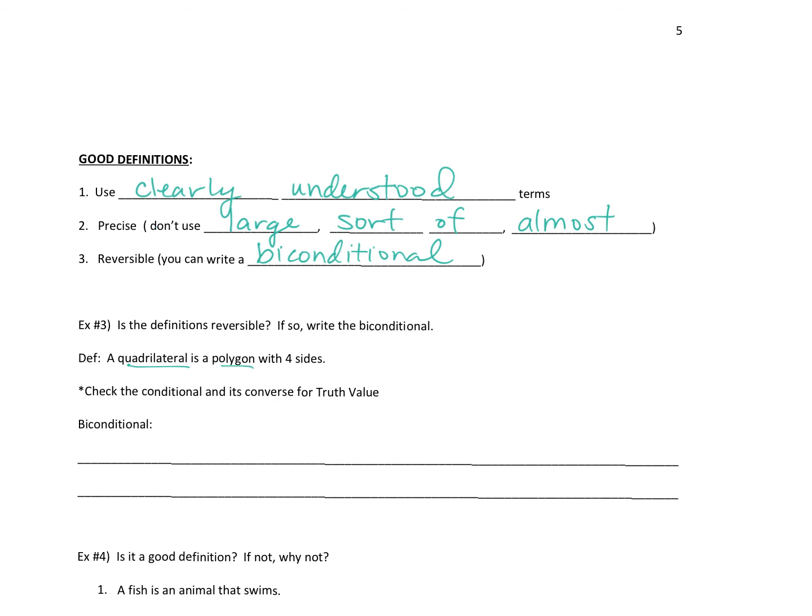We would say if a polygon is a quadrilateral, then it has 4 sides. That's true. Then we flip that around. If a polygon has 4 sides, then it's a quadrilateral. True. If both are true, it's a good definition, right? We're going to write a biconditional from that.